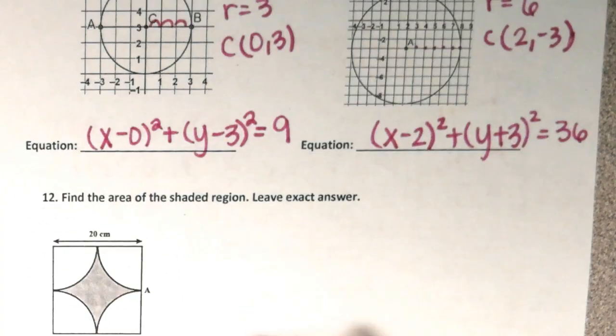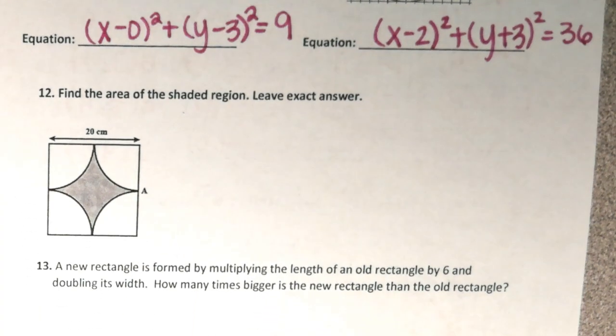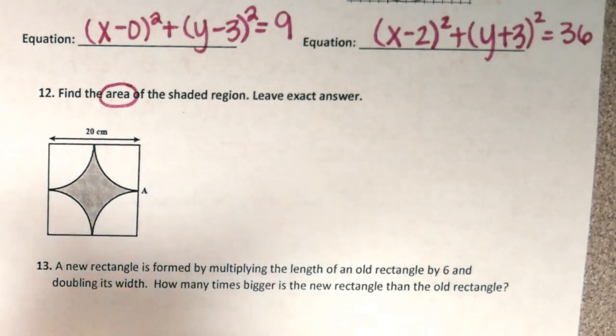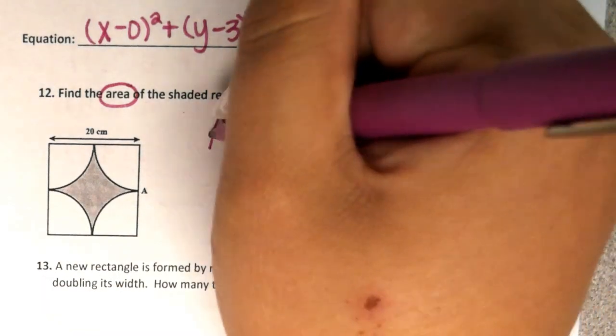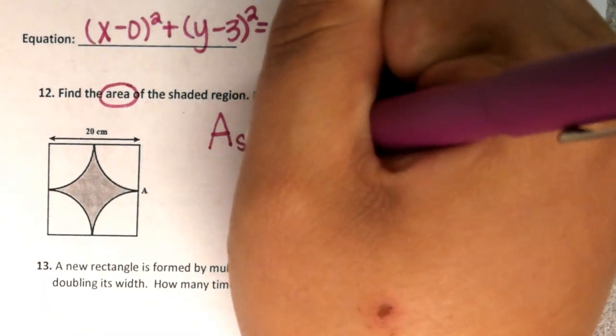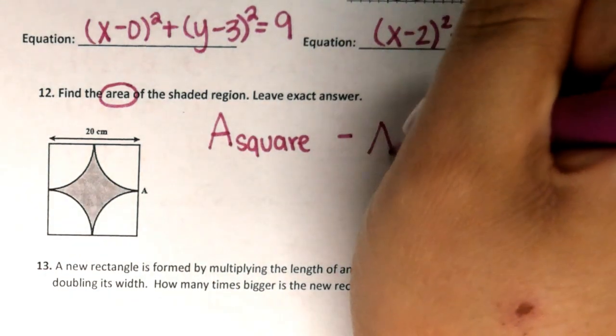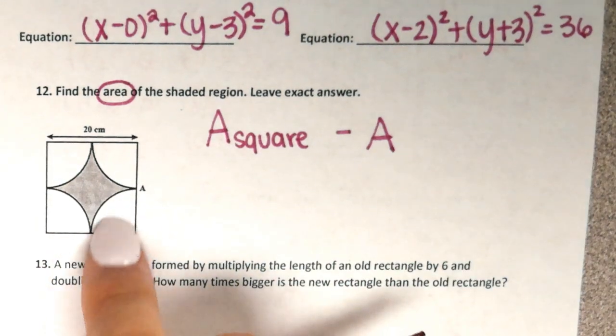I'm hoping so. Find the area of the shaded region. This is asking for area. How do we find the area of a shaded region? Area of the square minus the area of a circle. What is this?